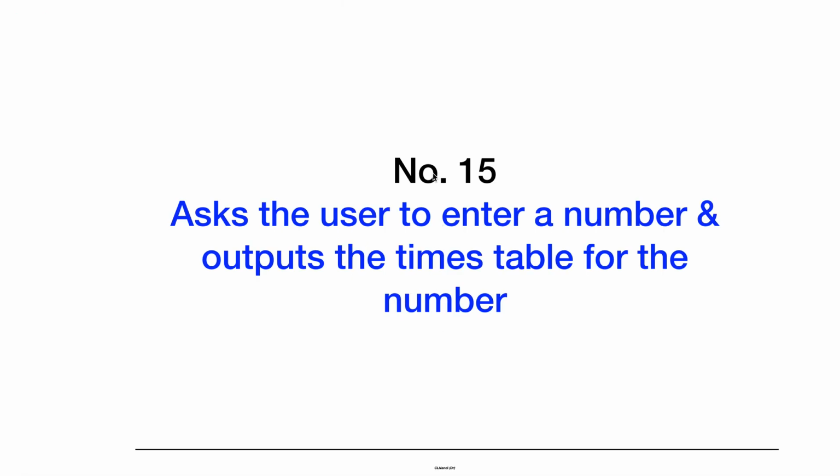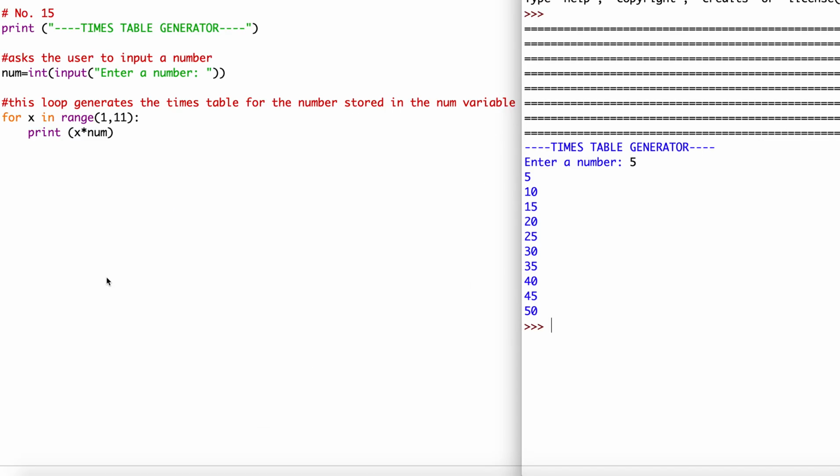Okay, for number 15, write a program which asks the user to enter a number and outputs the times table for the number. Okay, here is a solution for number 15. It says print times table generator, and it's printed here to the screen, times table generator.